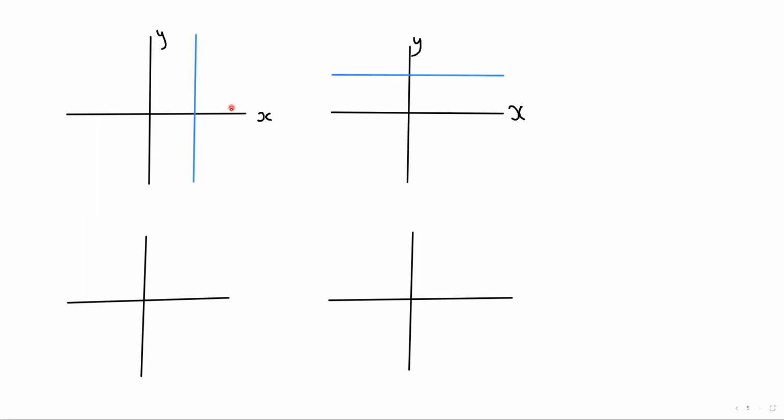There's an easier way of writing these ones, and that's whenever it crosses at x, we say that x equals the number. So let's say it crossed at 4. Well, the equation of this line would just be x equals 4. Because if you think about it, x does always equal 4 in this line. And then here, similarly, if it crossed at 3, we'd say y equals 3.